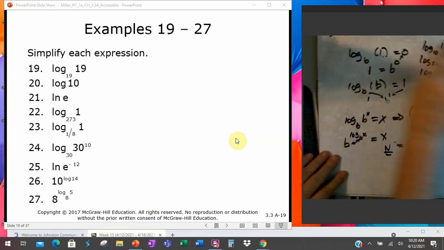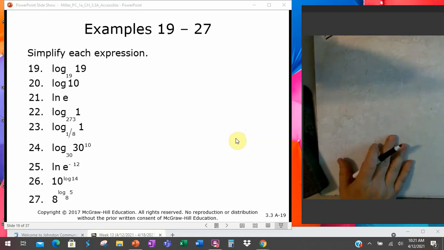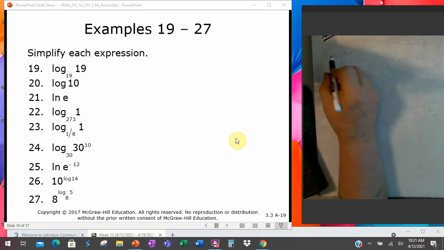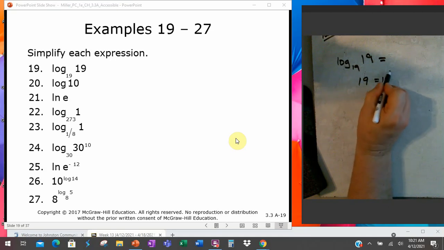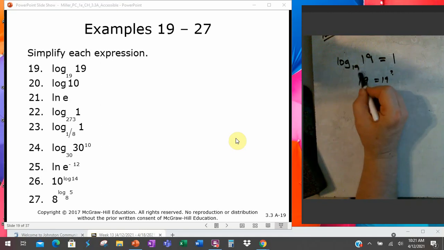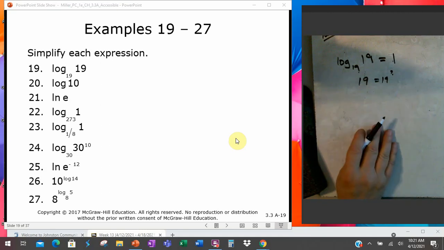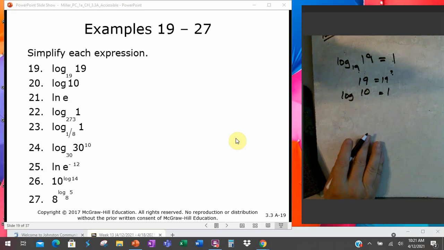So let's use some of these basic properties and see if we can pick them out. Here's number 19, log base 19 of 19. These match. If I want to represent 19 as some power of 19, what would it be? The only way is 1. So this is log base b of b, which is just 1. Log base 10 of 10 is just 1.